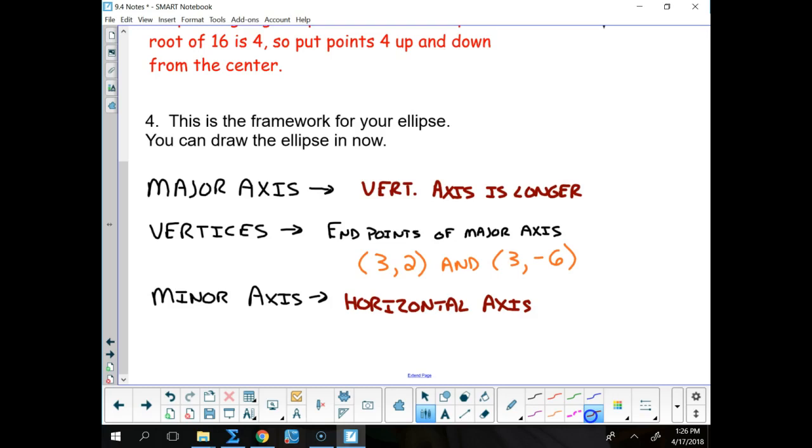Okay? Bigger number is the major axis, smaller number is the minor axis. So we have centers, we have major axes, minor axes, we have vertices, but we also have something called foci.